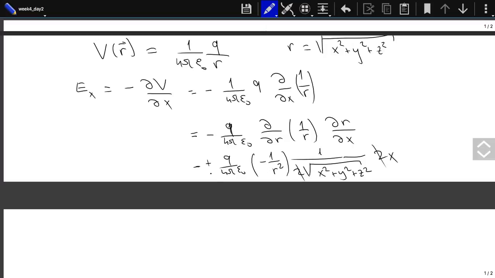Now the 2's I can just cancel, this minus will cancel this one. This is q over 4 pi epsilon 0. This square root is nothing but r. I already have two factors of r, there is another one, so r cubed, x over r cubed. This is Ex.